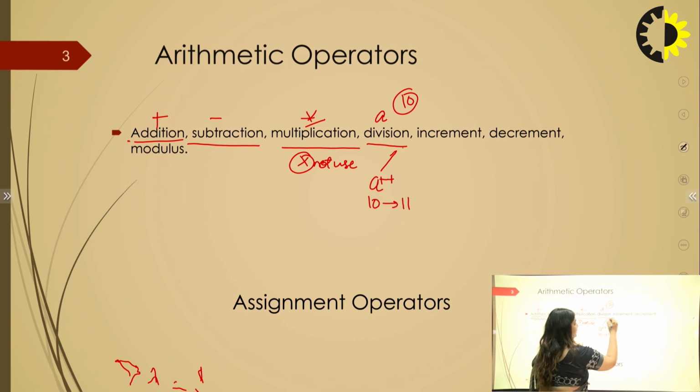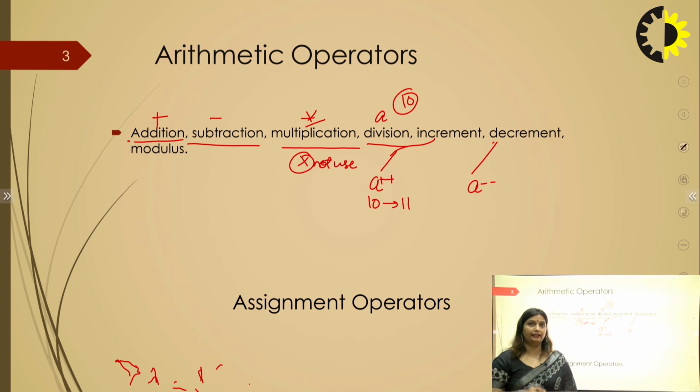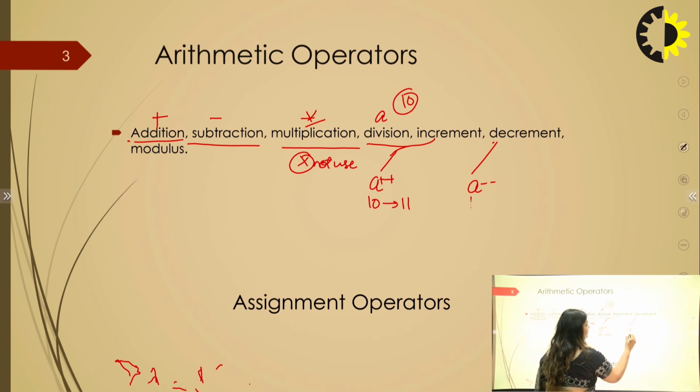For decrement we write a minus minus, and the decremented value of variable a will be 9. For example, here we have taken int a.